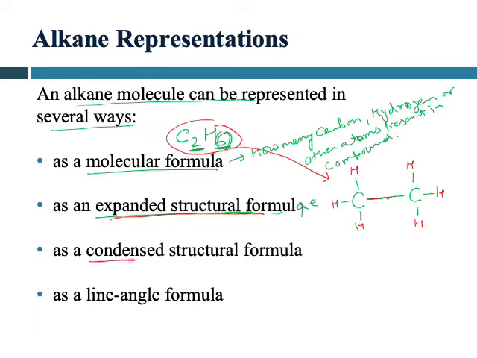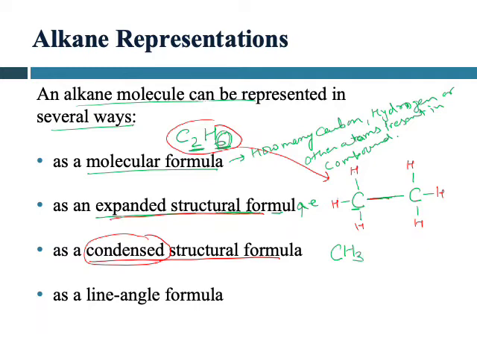Now we have the condensed structural formula. Condensed means you still show the bond, but only the bond between carbon and carbon. I can write the expanded structural formula as a condensed structural formula like this. CH3: how many hydrogens are attached to this carbon? 3.